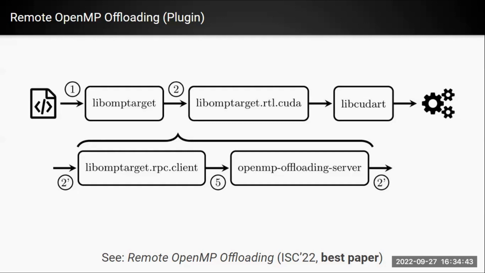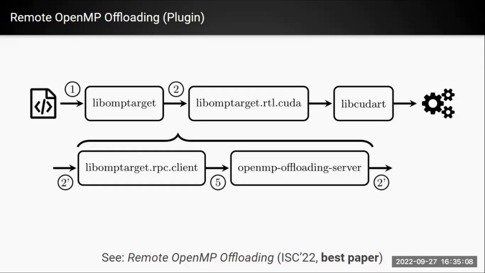And what the server does is ask the plugins on the other side, including the CUDA plugin and the AMD plugin, this question, and then it accumulates the results. So when libomptarget asks the RPC plugin how many devices are available for this image, for this object file, we ship that through the network.